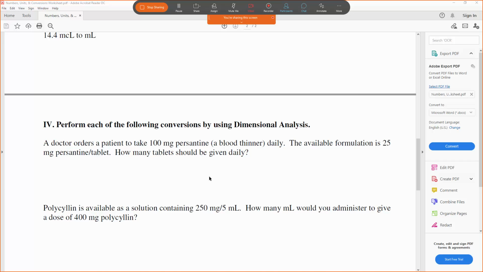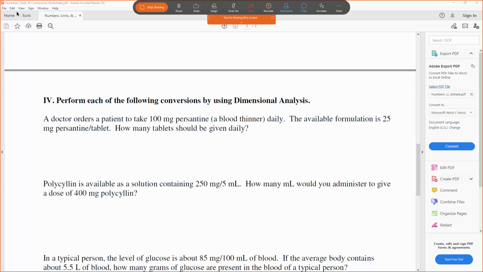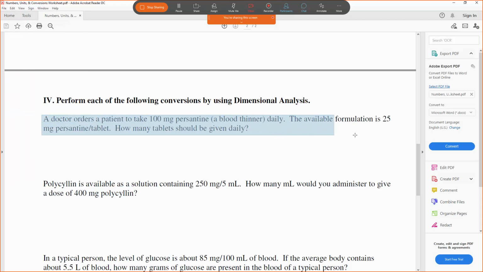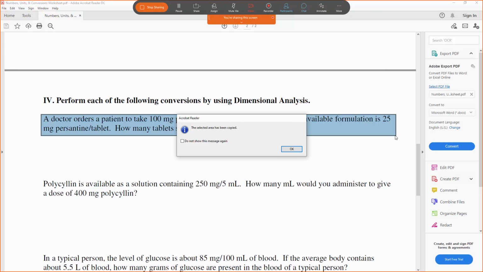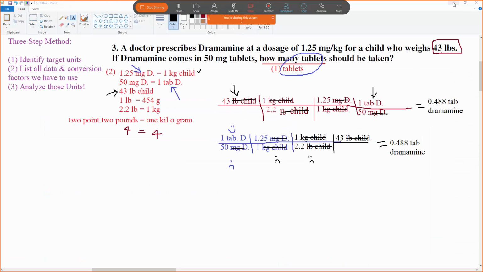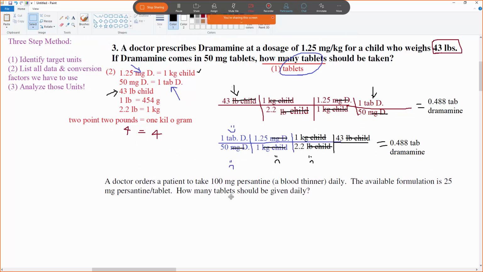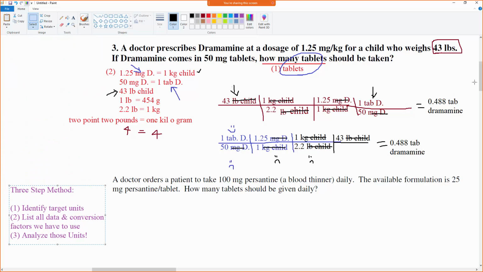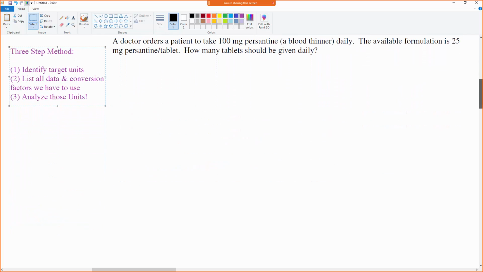All right, so let's do some of these. Now these do move from easier to more difficult problems. So let's, okay. All right, let's move our 3-step method down so we can give ourselves some space to work. Okay.